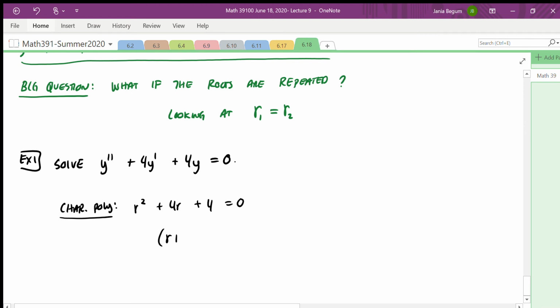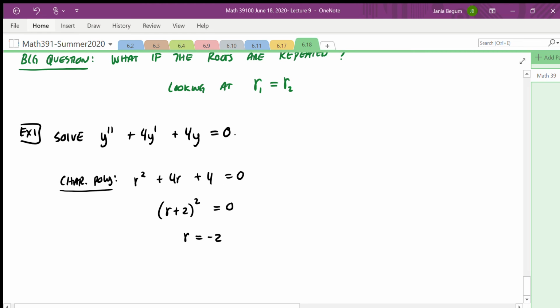And then we can factor this. This is r plus 2 squared equals 0. And then if you take the square root and subtract 2, you get r is equal to -2. Well, hey, we only got one root, but it's a second degree polynomial. So where's the other root, right? But the other root is also -2.